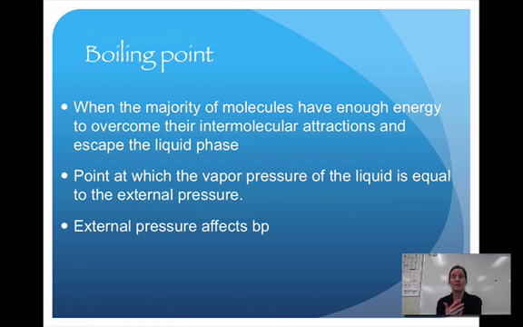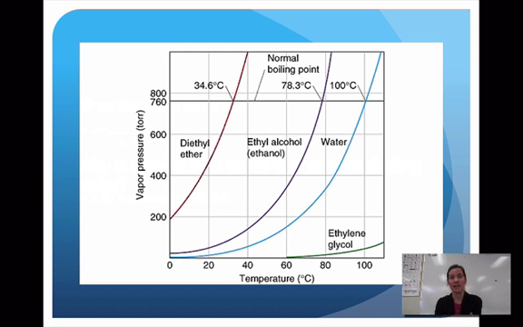Okay? This graph is something we'll spend time on in class, but what you have here is 3 different substances, and you can see each one has a line. That line corresponds to the temperature and pressure at which a substance would have enough pressure to overcome the pressure down, essentially.